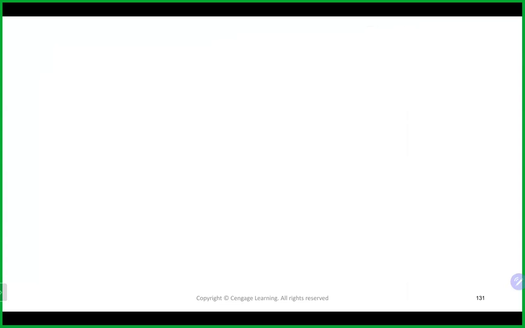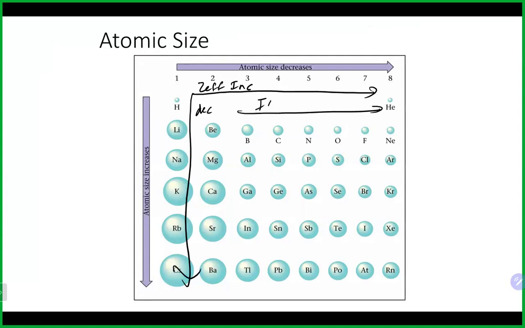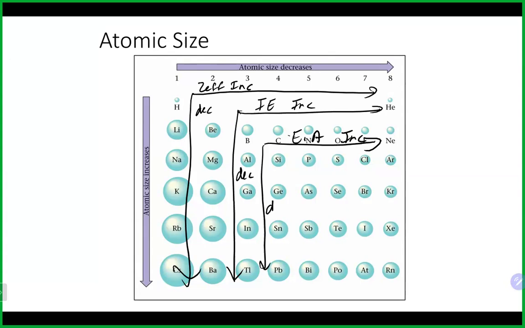So if we look at atomic size, as you can see here, and put on this periodic table all the trends that we just talked about: Z effective increasing this way and decreasing that way, ionization energy increasing this way, decreasing this way, electron affinity increasing this way and decreasing this way, electronegativity increasing this way and decreasing this way.